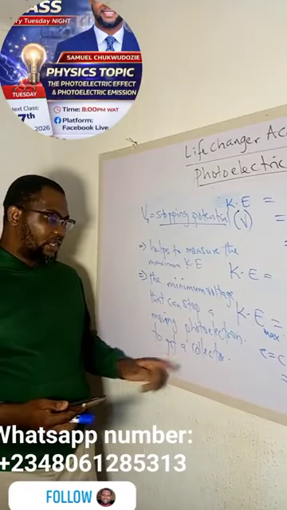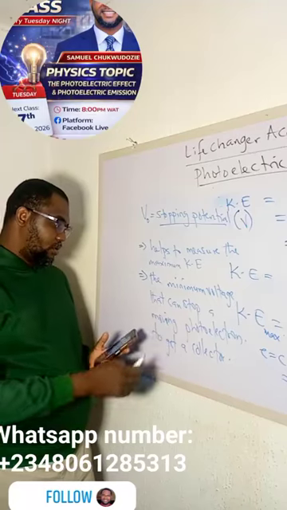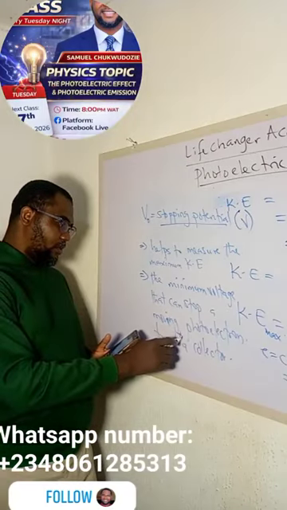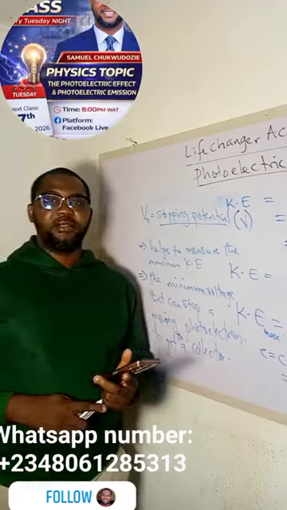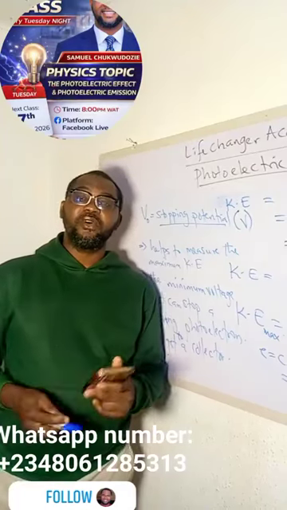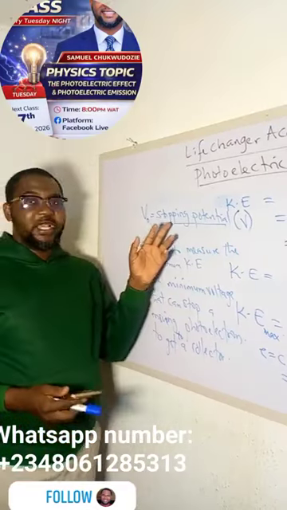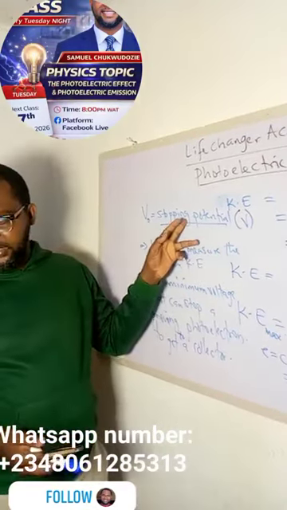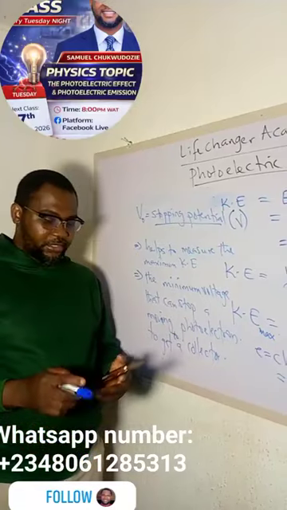If you like, you can add, to get to a collector. So that is very, very important. Stopping potential is the minimum voltage that can stop a moving photoelectron from getting to a collector. Stopping potential is also very important. As we continue, we are going to see more things about stopping potential.